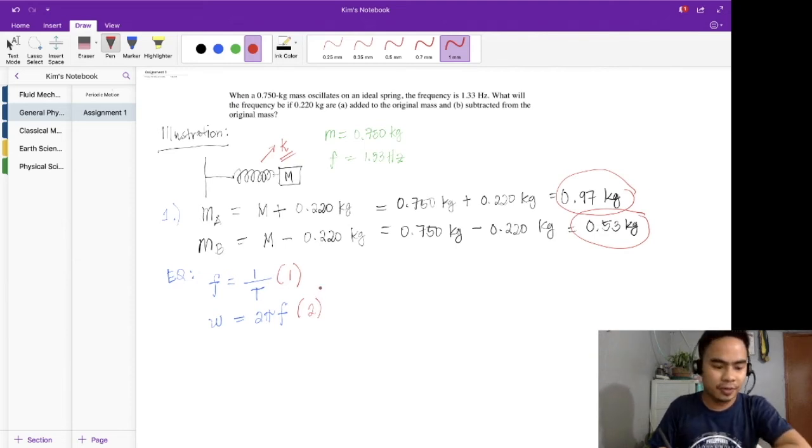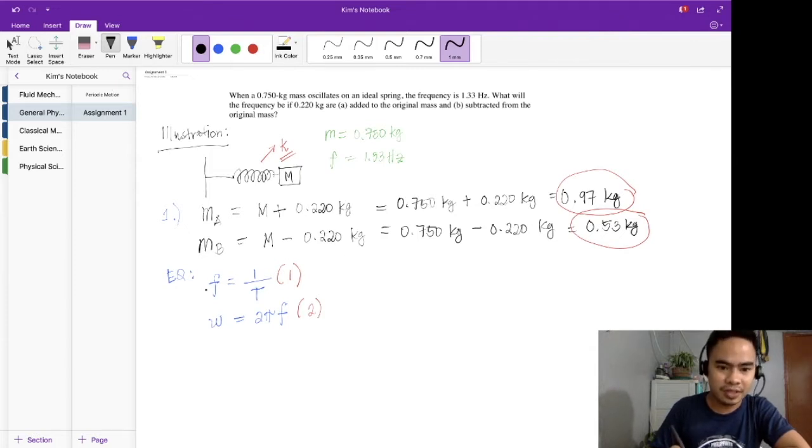As I will be showing you two ways of solving this problem, the first one, which we are showing right now, is the longer way of doing it, and the other one is a more clever and easier way. So from these two equations, let's try to work out an expression for frequency.